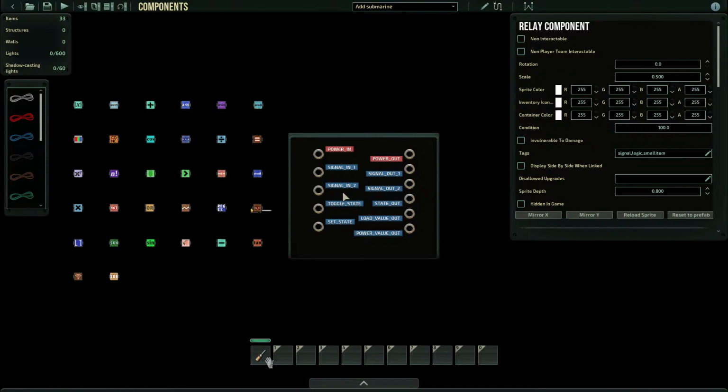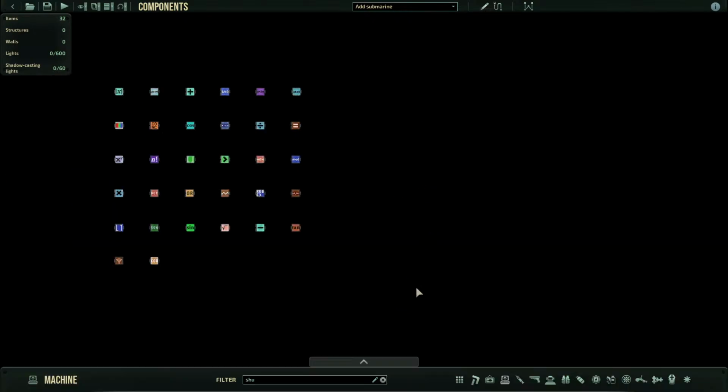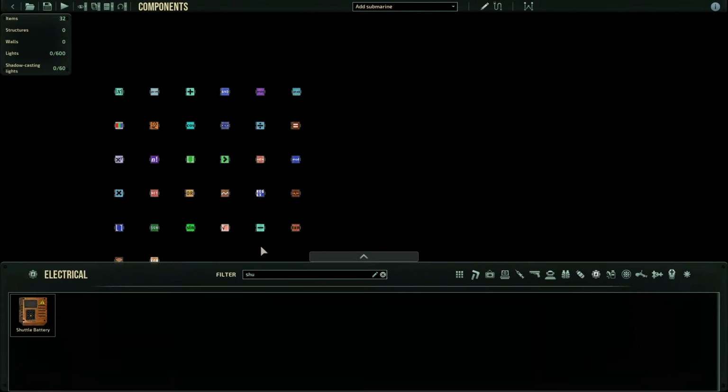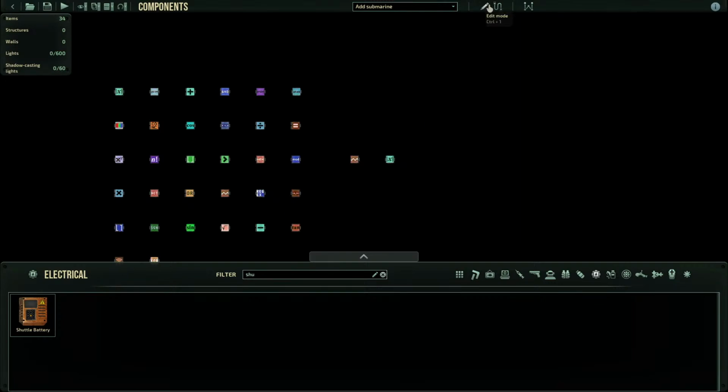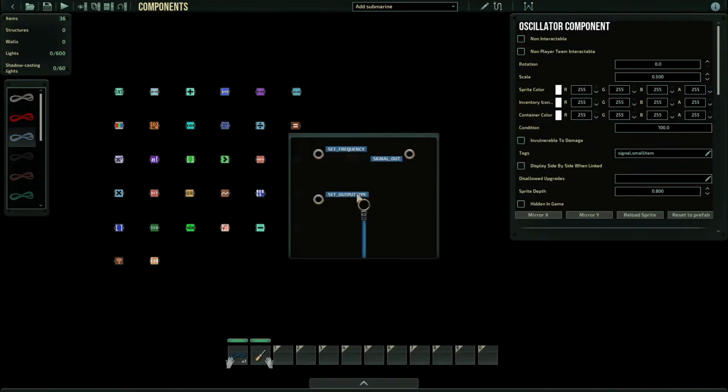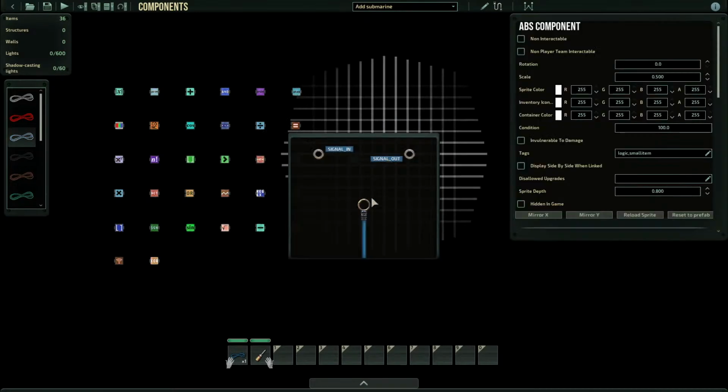I do have an oscillator in here. I'll take this and we'll copy it over here. It doesn't matter what we're connecting right now because I'm not going to actually run it. So we do a signal out and we put that over here.